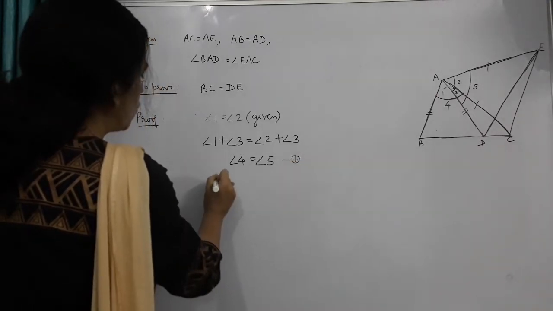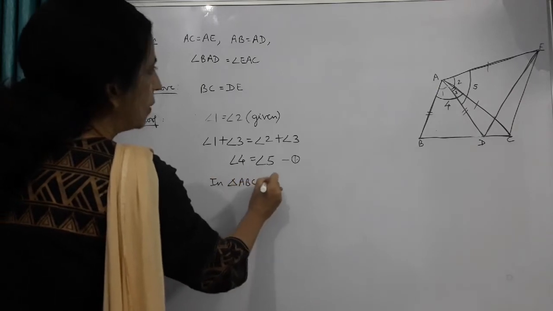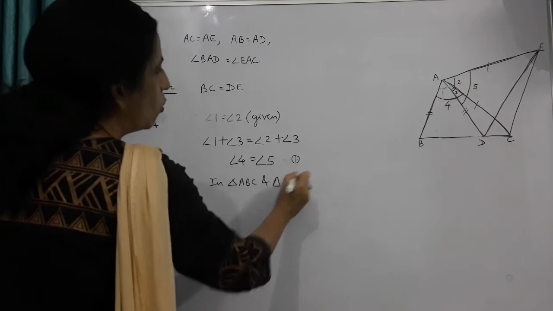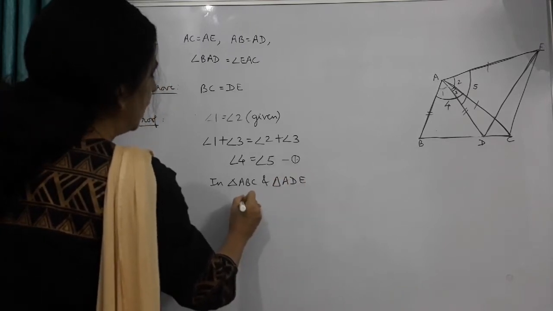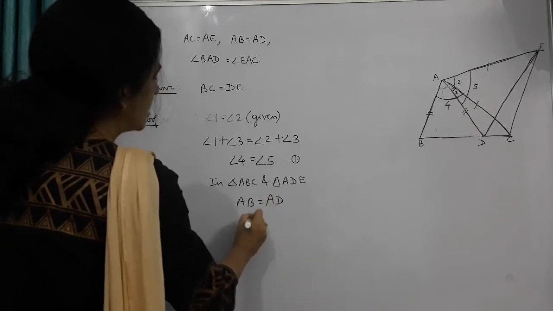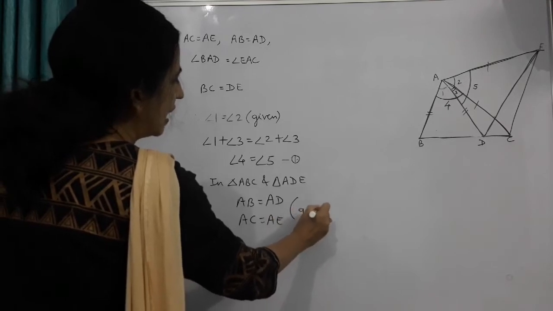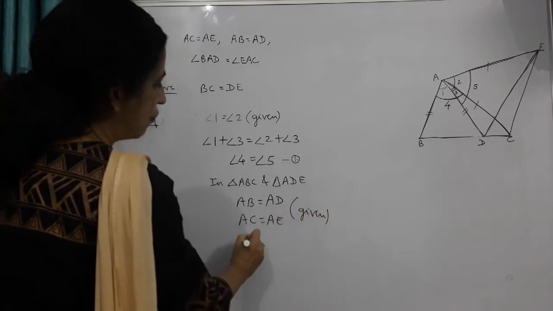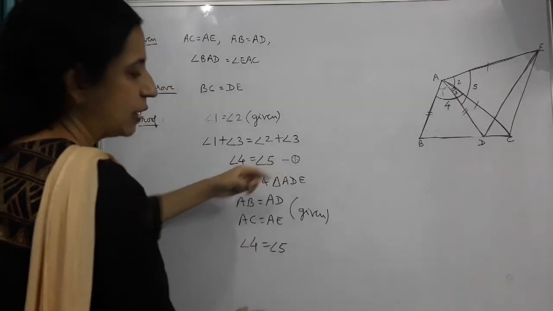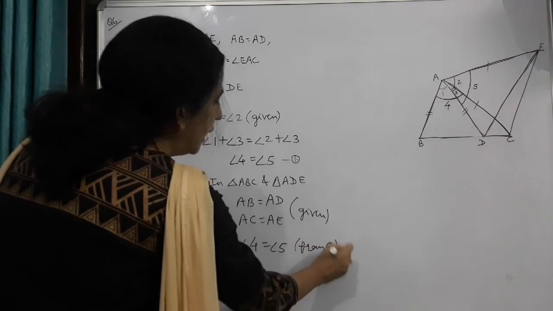Now we take the two triangles. In triangle ABC and triangle ADE, we have AB is equal to AD, we have AC is equal to AE, this is given to us, and we have angle 4 is equal to angle 5 from equation 1. These angles are equal.